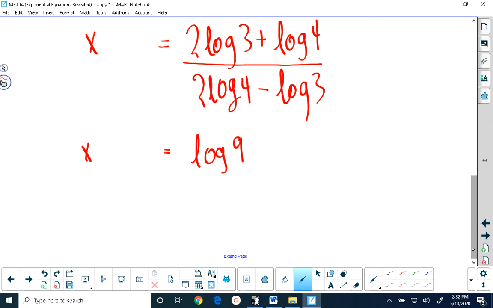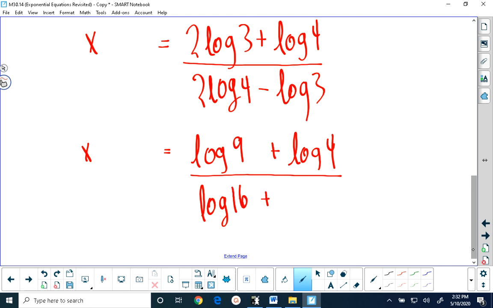I could move that 2 up as an exponent on 3 and have 3 squared. On the bottom, I could move that 2 up as an exponent on 4 and get 4 squared, which is 16. You don't have to do that. Either of these is correct.